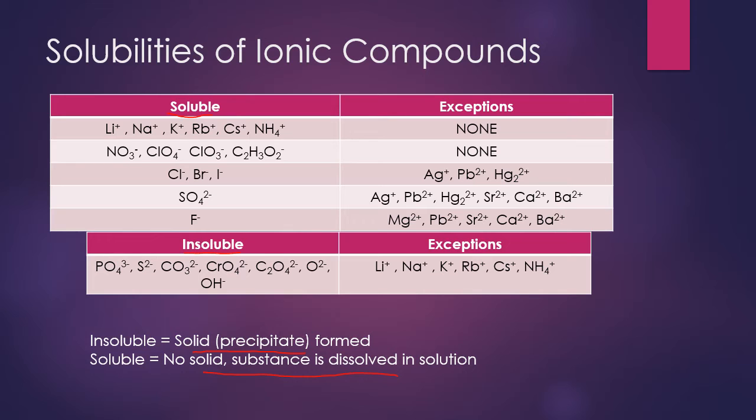All right, so how are we going to be applying these tables? What this top table is saying is that, looking for these ions in the compounds, if any of these ions are present, they can be soluble, so they can dissolve. If they're with an exception over here, that means they will be insoluble.